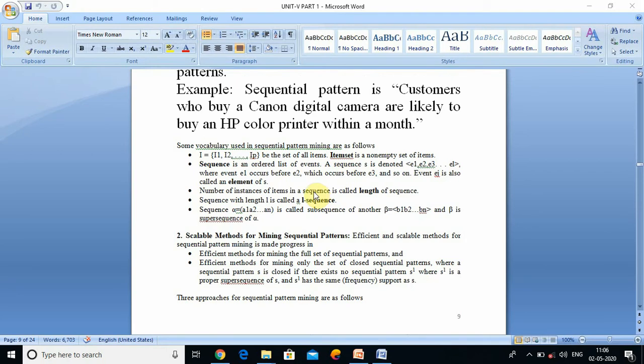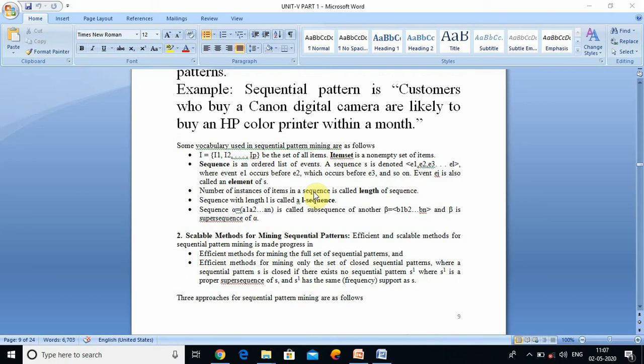Some vocabulary used in sequential pattern mining is as follows. Let I equal I1, I2 and so on up to Ip be the set of all items. An itemset is a non-empty set of items. A sequence is an ordered list of events. A sequence S is denoted E1, E2, E3 and so on, where E1 occurs before E2, which occurs before E3, and so on.